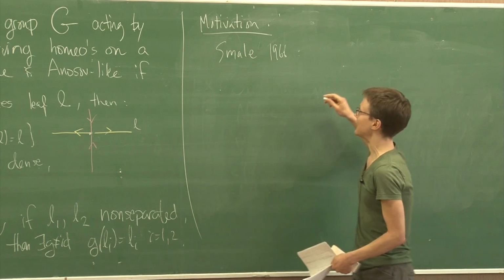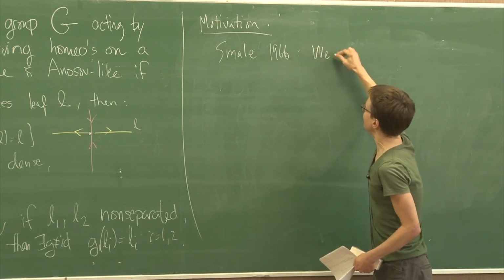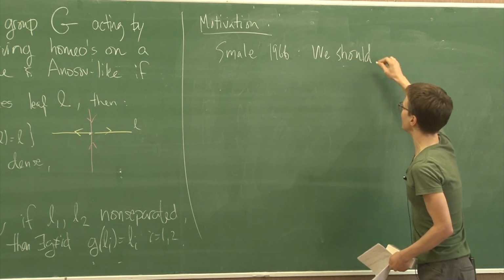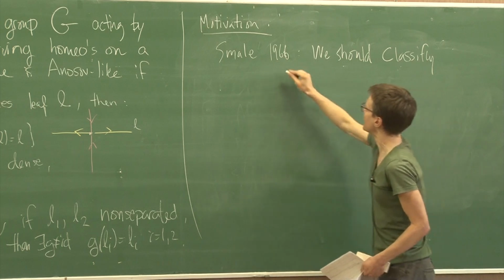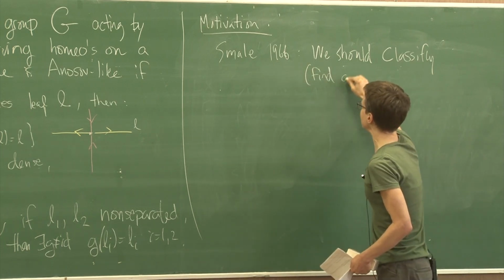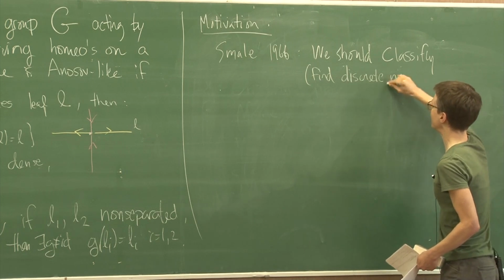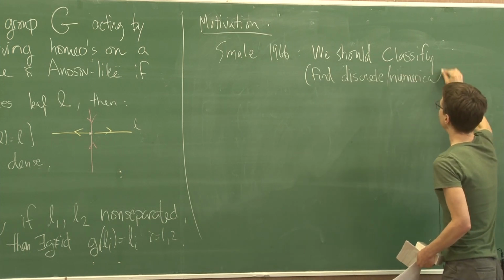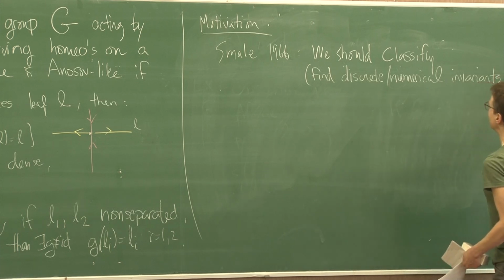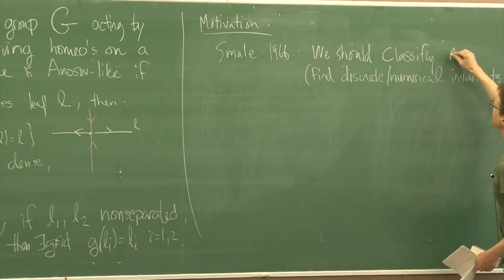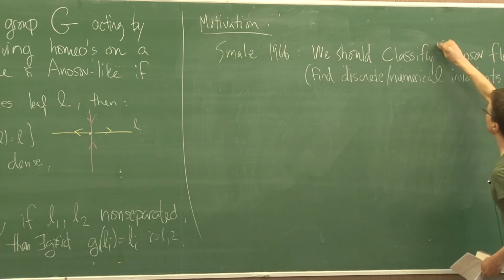Maybe just stick to the transitive case because that's easier. So he says that we should try and classify, namely find a discrete or numerical invariant, hopefully a complete invariant, of transitive Anosov flows.